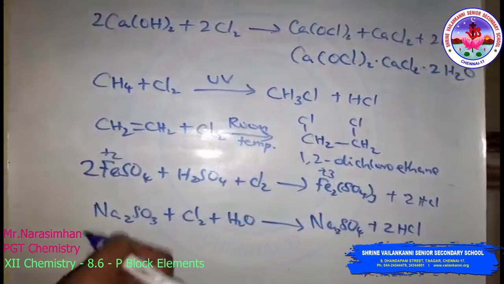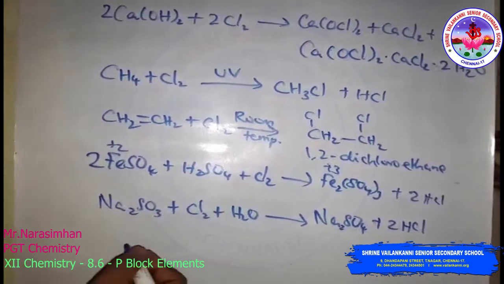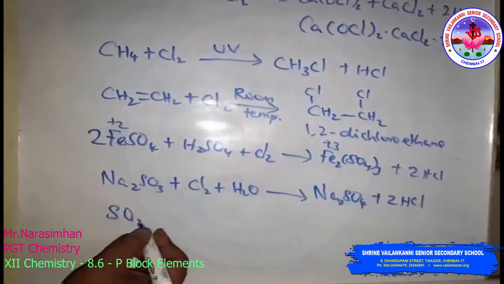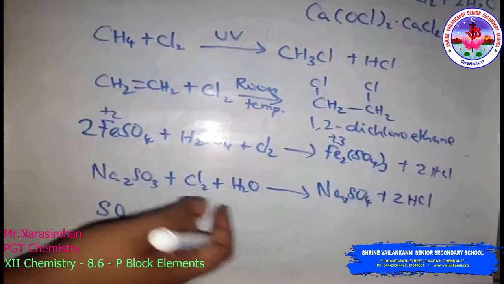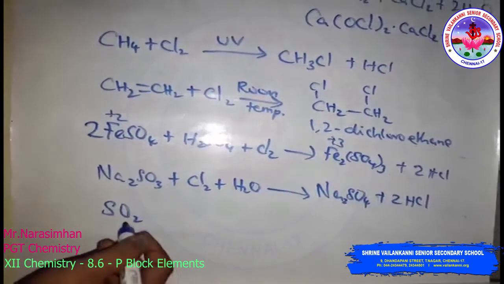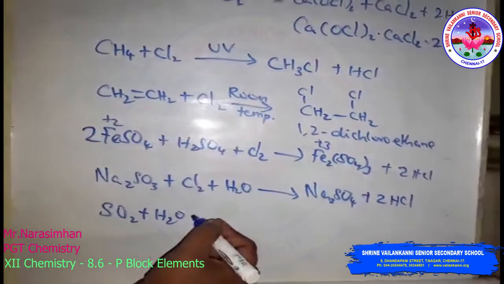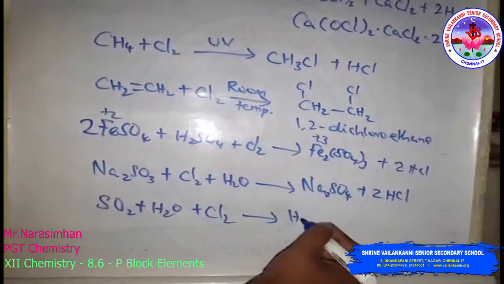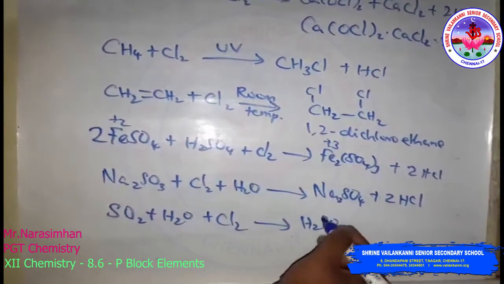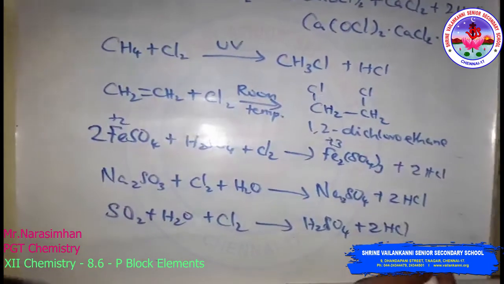Then sulfur dioxide to sulfate. Sulfur dioxide in water converts to sulfuric acid, which then reacts with chlorine to form H2SO4 and HCl.